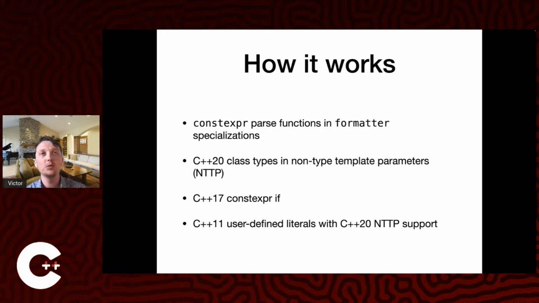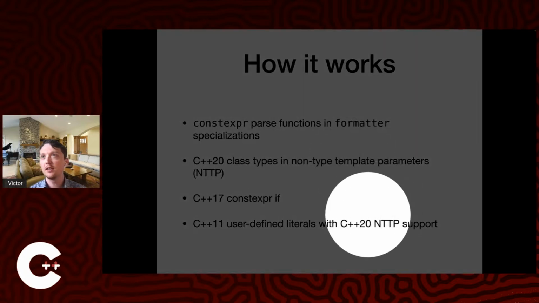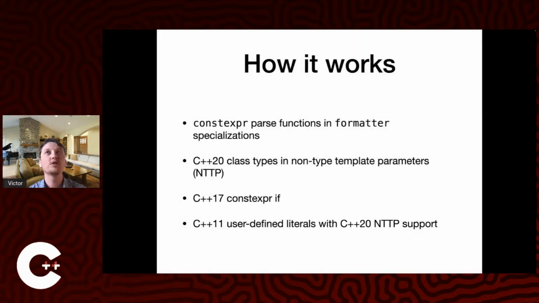Strictly speaking, we don't need it. We could use template metaprogramming, but it's much nicer with constexpr if. And finally, C++11 feature user-defined literal, but extended with C++20 class types in NTTP support. So this part is not exactly correct, not just NTTP, but class types in NTTP.